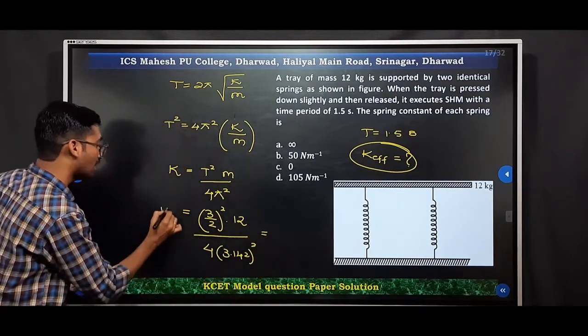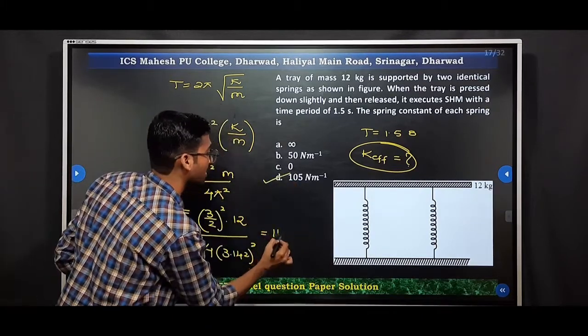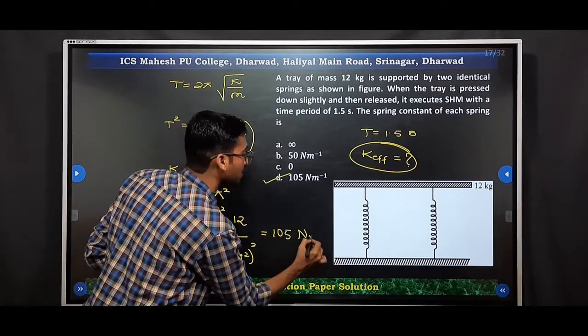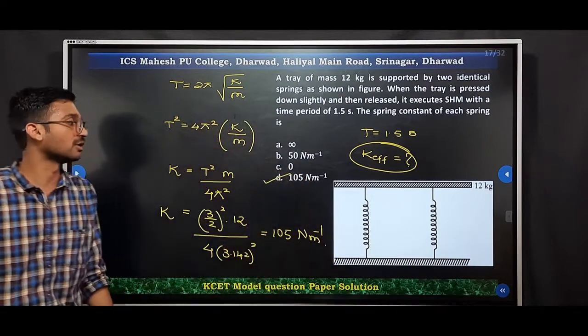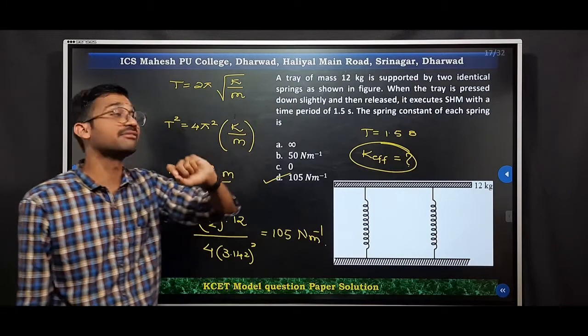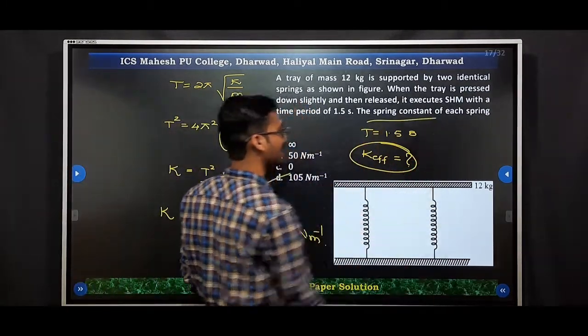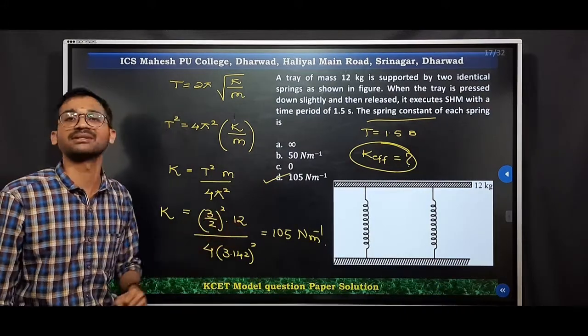Now solving for K, we get the answer nearly 105 Newton per meter. 105 Newton per meter is the right answer for the given spring constant.